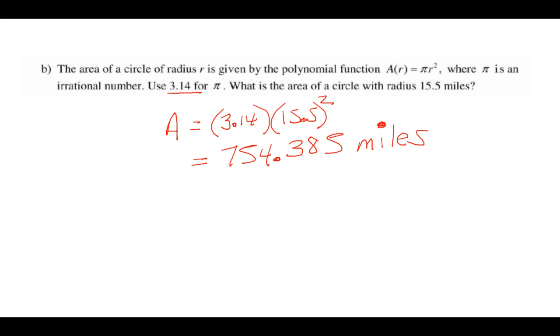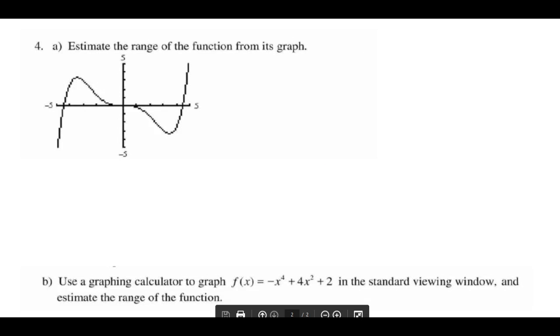All right, let's go on. For example 4, they want us to estimate the range of this function from its graph. Now keep in mind there is an arrow there and there's an arrow there. So range, remember, are your y values. So where is this going down here?